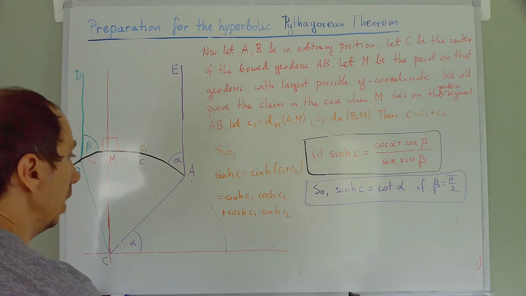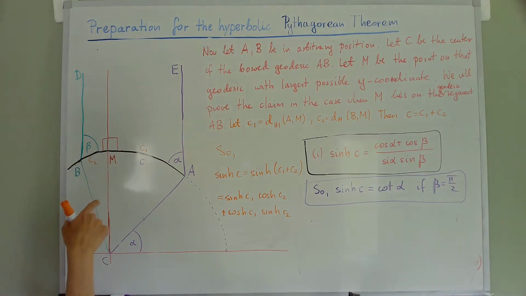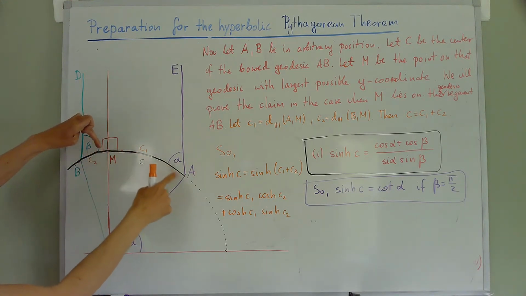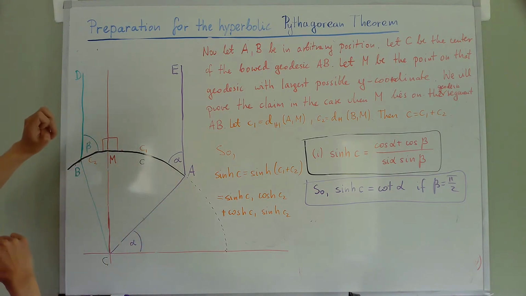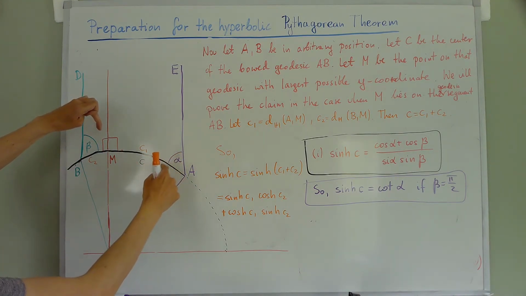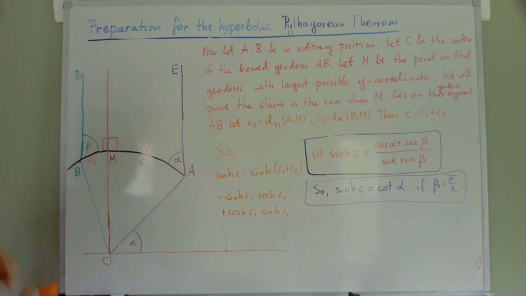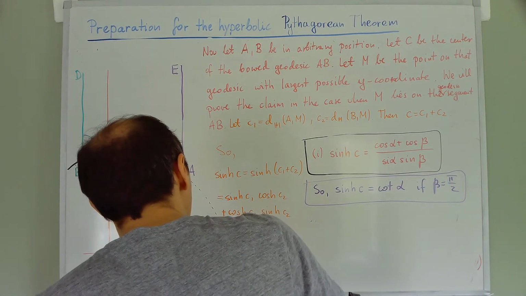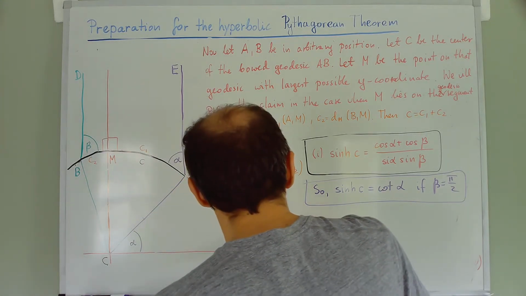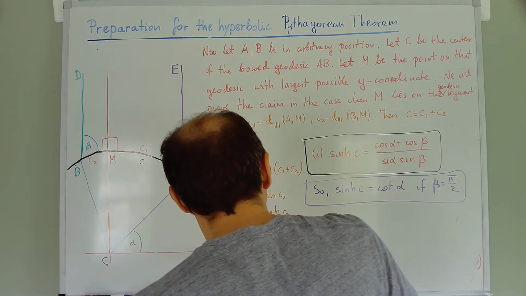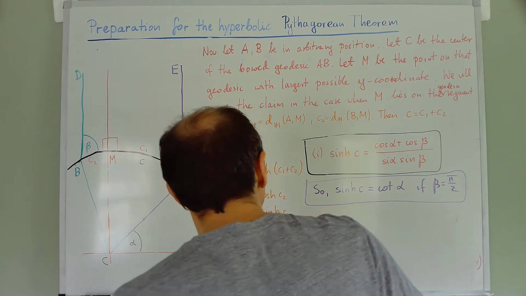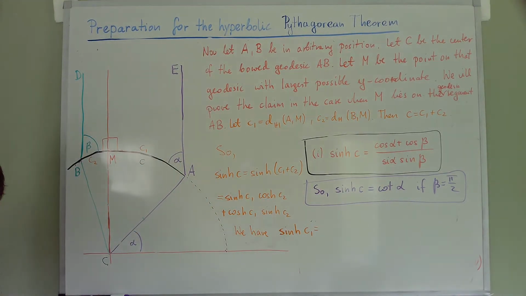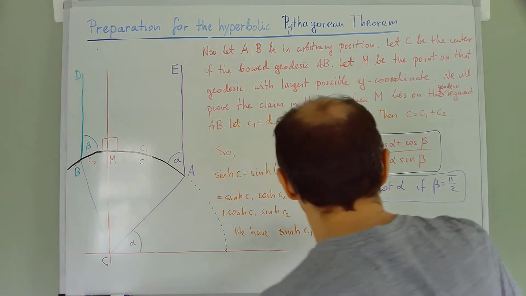But if I now look at C1 and C2, C1 is the geodesic from the first case of the theorem, where one of the angles is alpha and the other one is 90 degrees. So we have sinh C1 to be cotangent alpha.